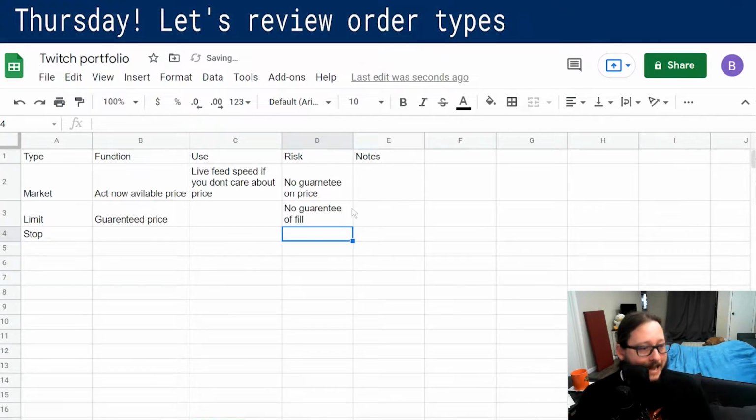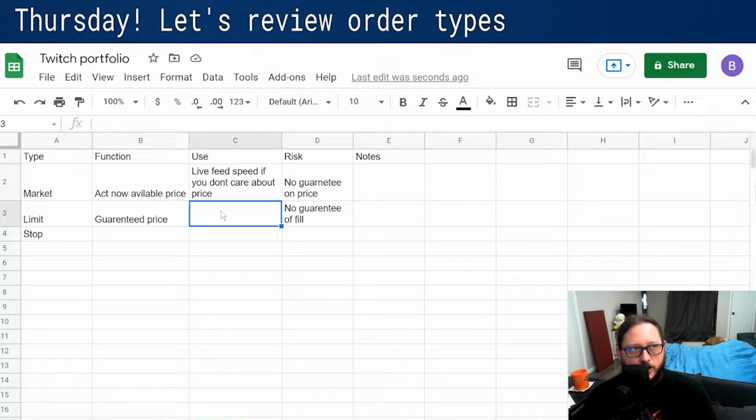And also, you're not guaranteed to get all of your shares, because you could get half your order or less. Let's say there's a limited amount of supply when you enter your order. So if you're looking at the order book, and somebody puts in an order to sell their shares for $9.80, but they only have 500 shares, your order of 1,000 shares is only going to get halfway filled because that was all that was available.